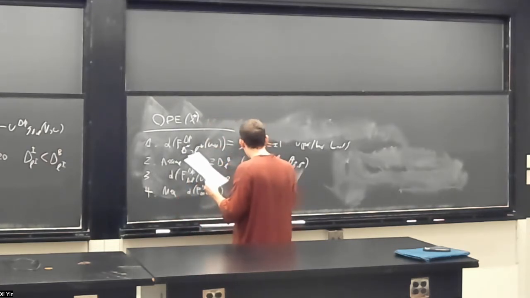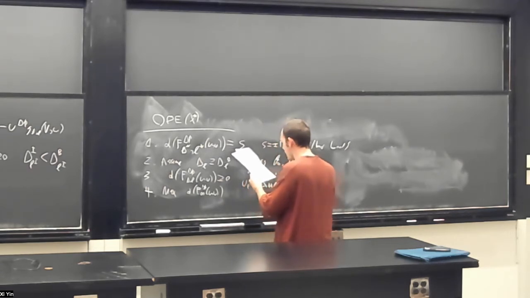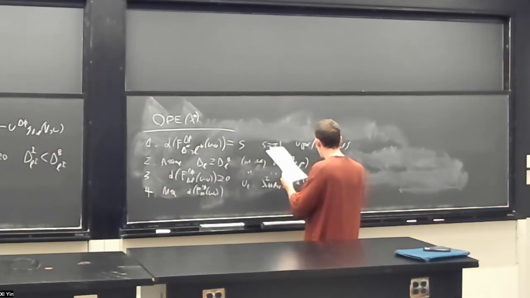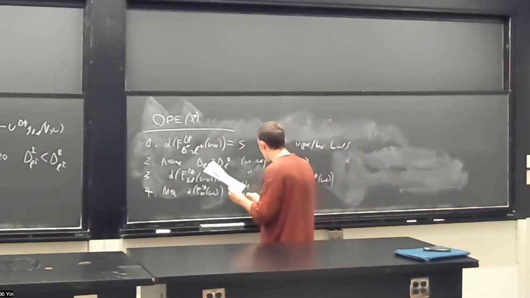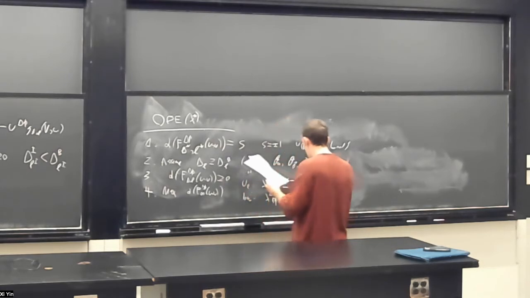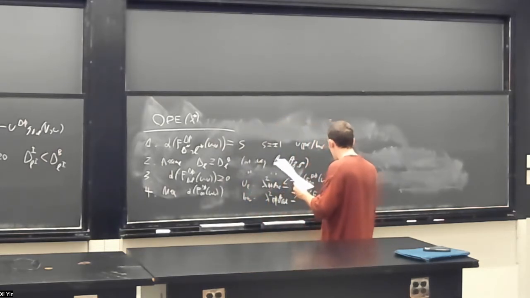So in the upper bound case, you'll get that this lambda squared of delta, L is less than or equal to minus alpha acting on the identity F. And in the lower case, we will get that this OPE coefficient is greater than or equal to alpha acting on F identity.